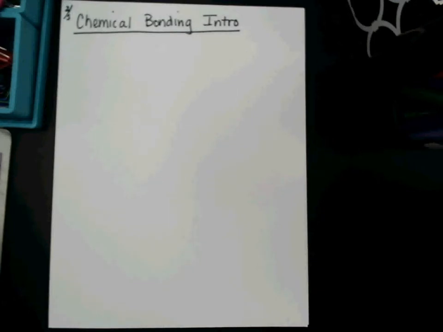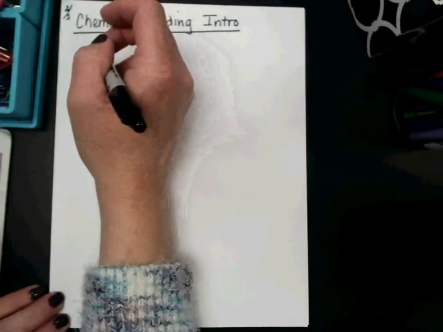Okay. So I just want to go over some of the basics of chemical bonding. We're not going to get into any of the really difficult stuff here, but let's just think about it a little bit.